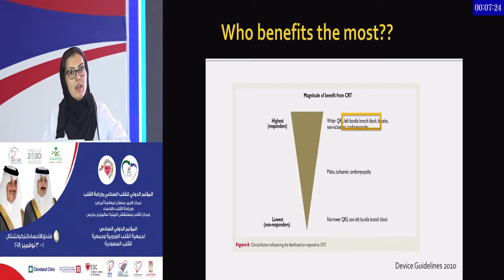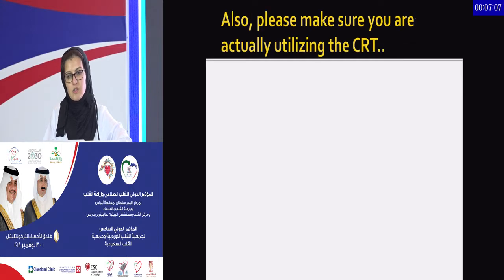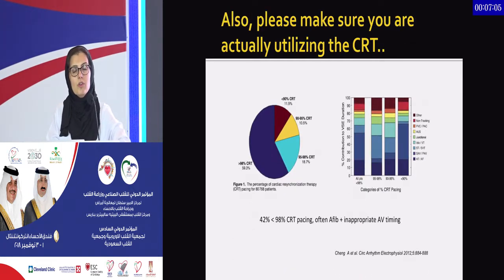But again, having a non-left bundle branch block is not a contraindication by any means. Having a non-ischemic cardiomyopathy and a lack of scar puts you at a better chance of benefiting from these devices as well.